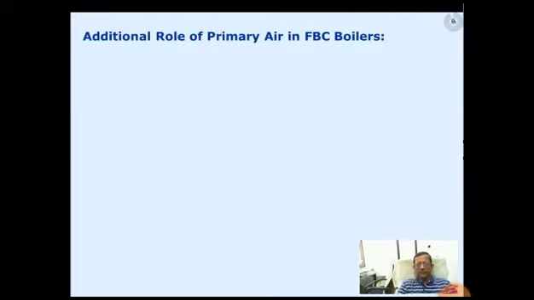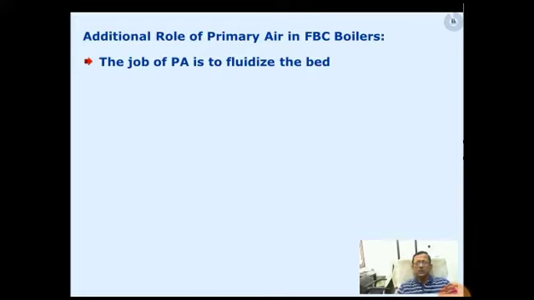If I consider the role of the primary air in the case of a fluidized bed boiler, AFBC and CFBC, then in an AFBC boiler, the primary air is what we are using as the fluidizing air, right? We give it from the bottom through the air nozzles. So this is the job of the primary air in a fluidized bed boiler.